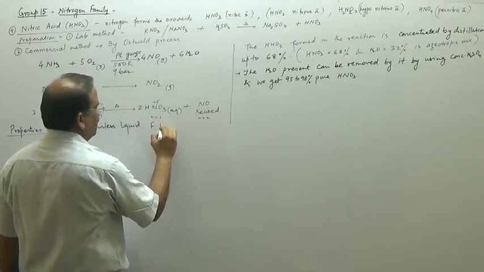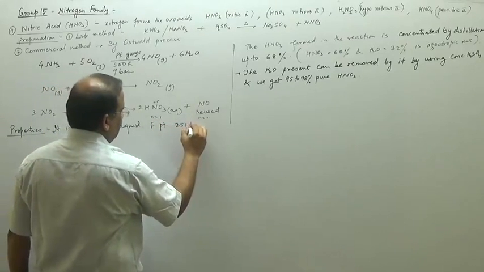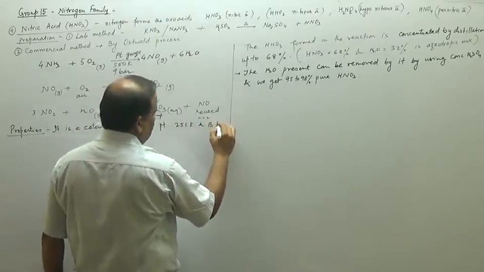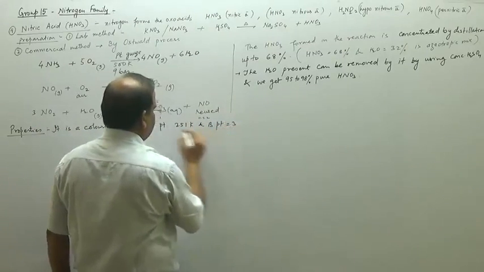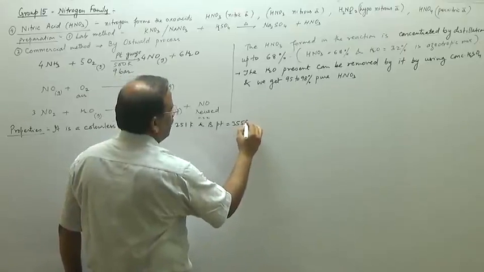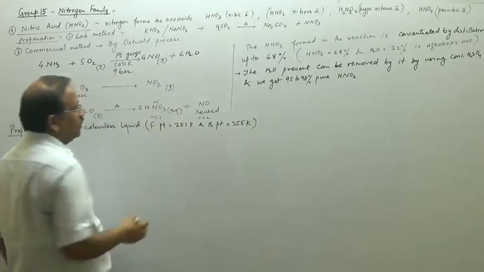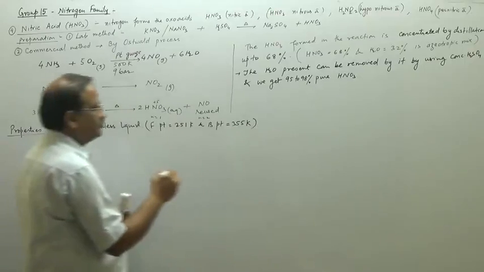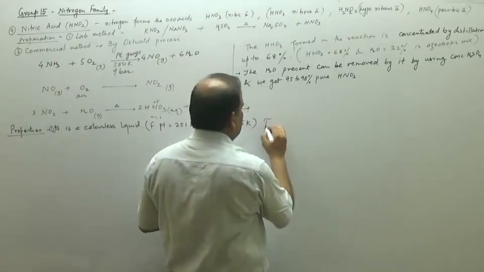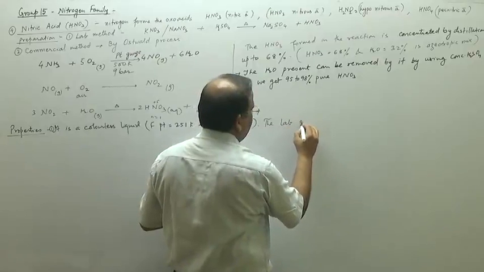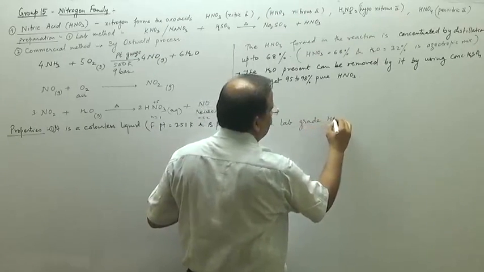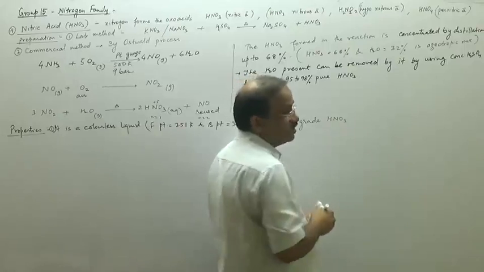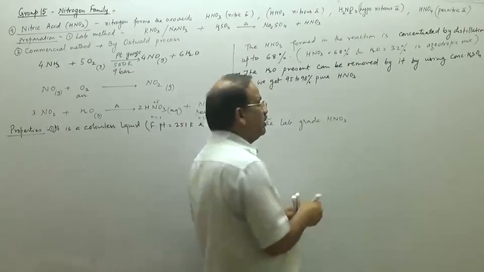So freezing point is 251 and boiling point is 355 Kelvin. We won't have to remember that easily, what is the boiling point and like that. The lab grade HNO3 is 68% by mass.